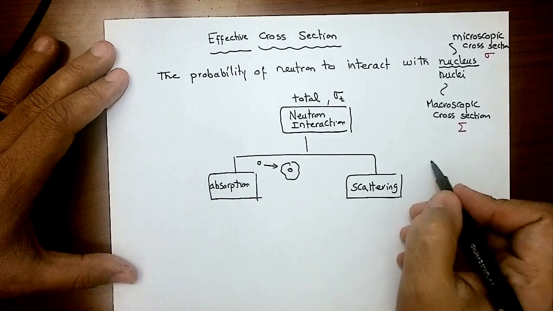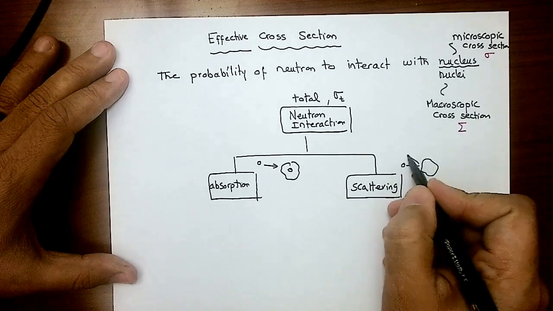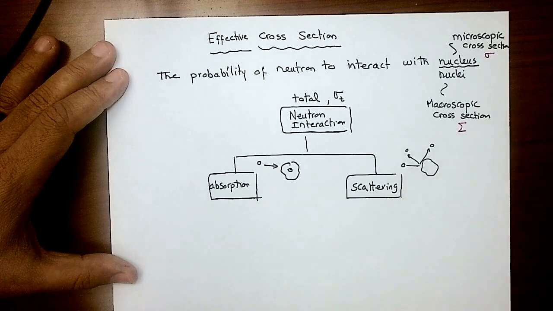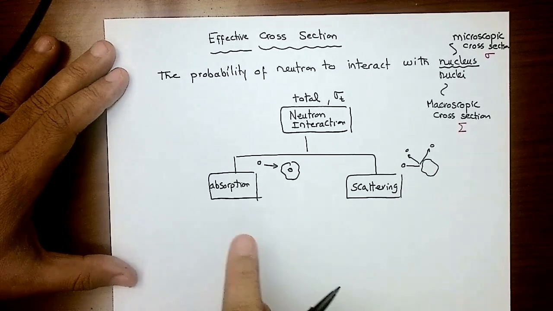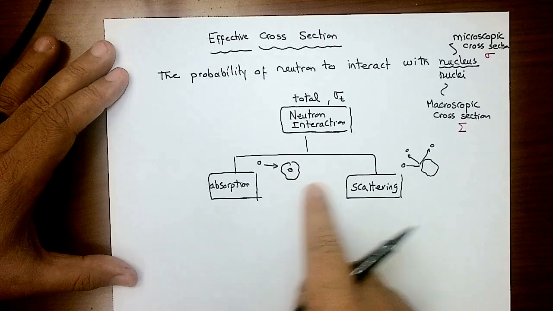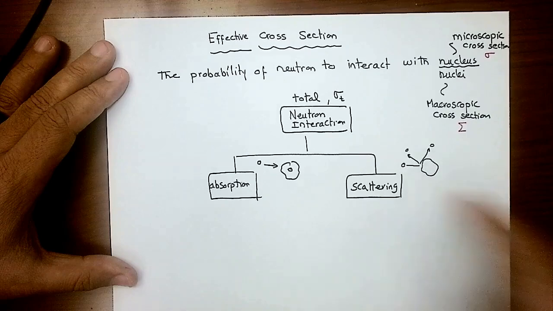The second one, you hit the nucleus with a neutron, and it will bounce back or get redirected, but it's not going to be absorbed. That's what we meant: with absorption, the neutron is contained inside the nucleus, or it's scattered away or reflected back by the nucleus.